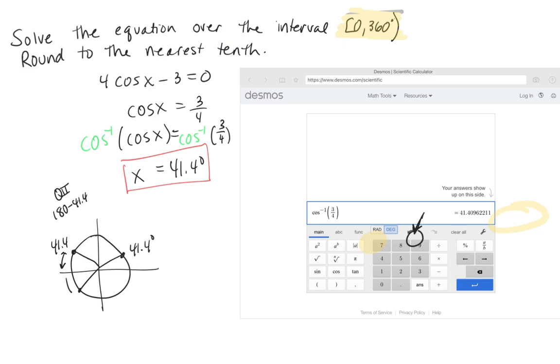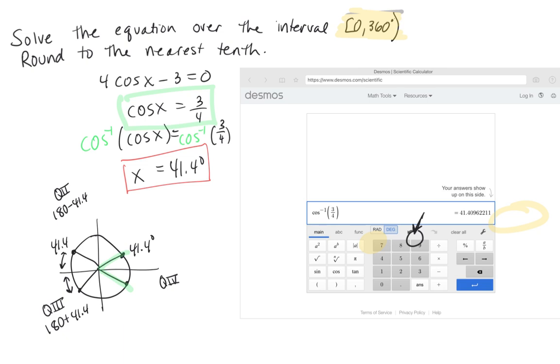In quadrant 3, if that little extra reference angle is 41.4, then we find the angle by taking 180 plus our reference angle. However, the one that we're looking for is in quadrant 4, because our cosine is positive 3/4, so it's positive, and that happens in quadrants 1 and in quadrant 4.